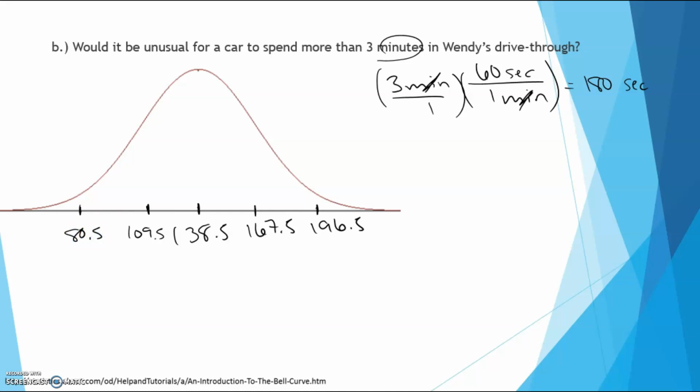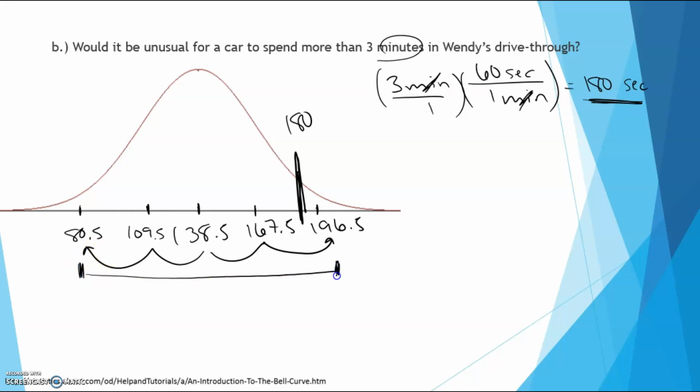We are looking for 180. So that would be about here. Here's 180. Now remember, anything within 2 standard deviations, there's 1, there's 2 standard deviations. There's 1, there's 2 standard deviations. Anything within 2 standard deviations, we said is usual.